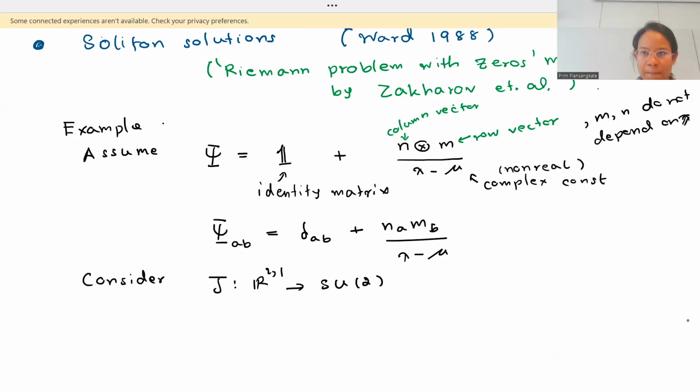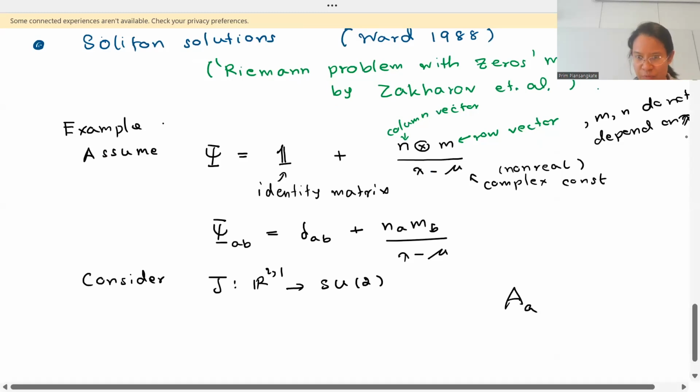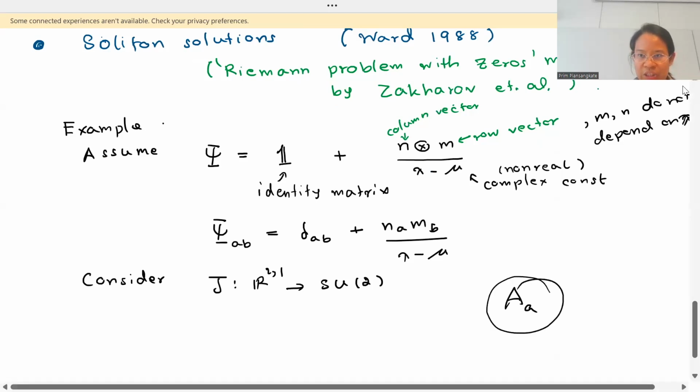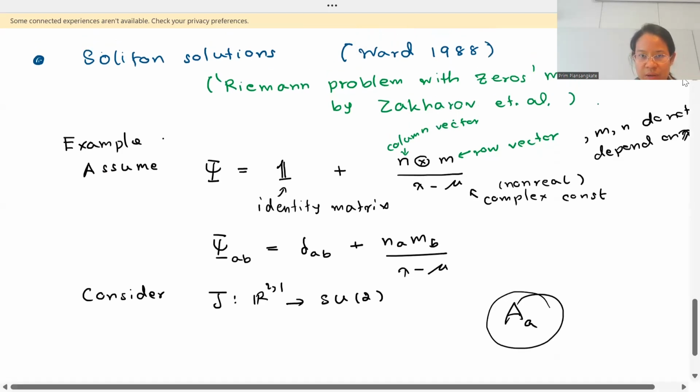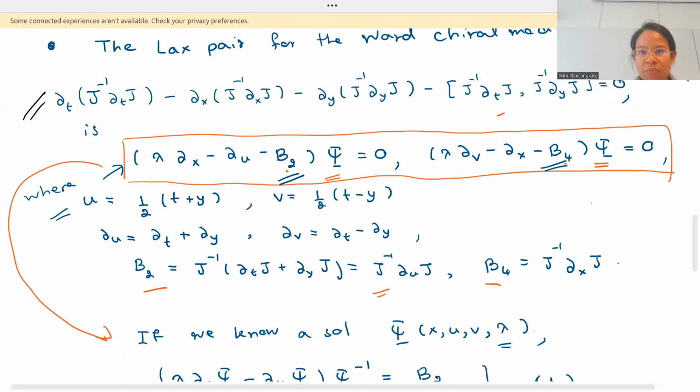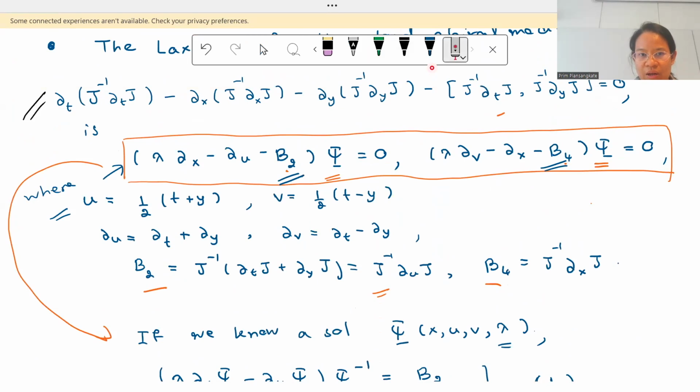This corresponds to assuming that the gauge group of the anti-self-dual Yang-Mills equation is SU(2), which means we use this gauge group. It means that the components of the connection, this A before we reduce, take value in the Lie algebra of SU(2). Now, these components come down to this B2 and B4.